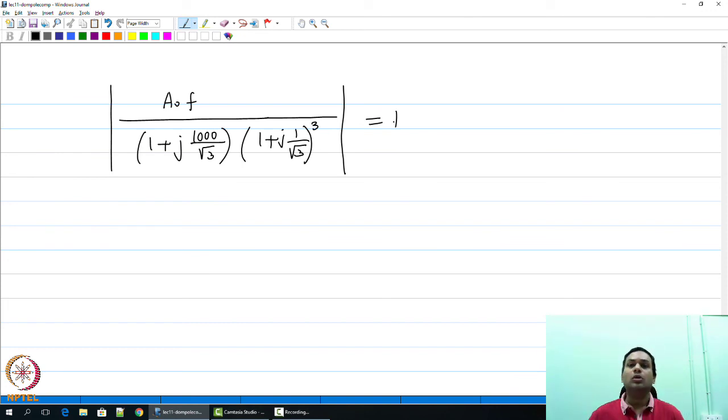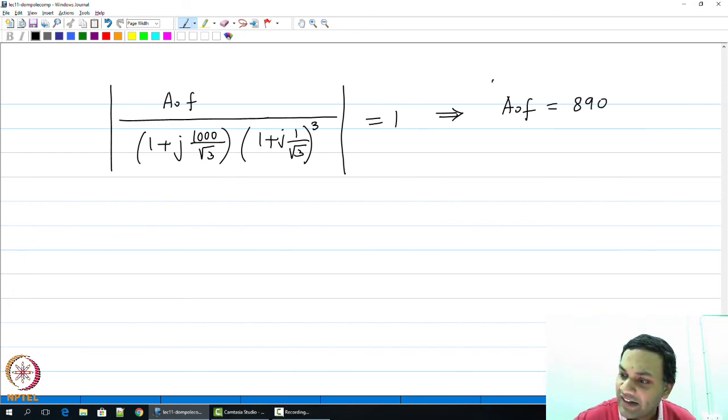This should be equal to 1. And this of course gives you the condition that A0F equals approximately 890.